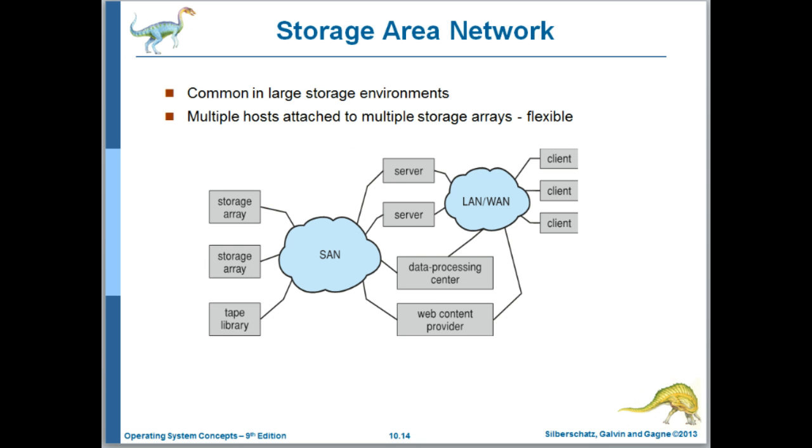As one example, in a storage area network, there are a number of storage arrays and possibly tape libraries, and then servers connect to the SAN using specialized I/O buses such as fiber channel, for example.